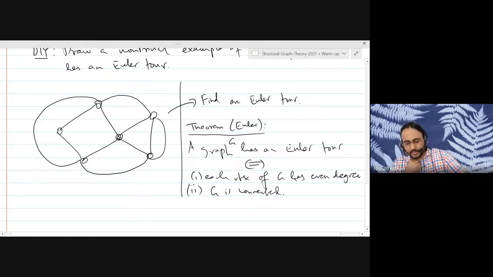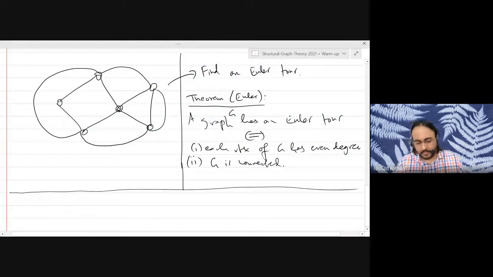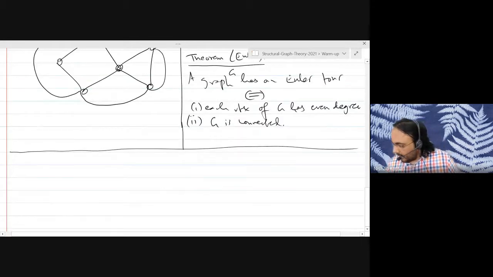I want to now take a detour. I just wanted to give you a motivation. One way to look at what we are going to start now is that it gives an alternative way to look at Euler's theorem, and it will actually take us a bit deeper into the topic.